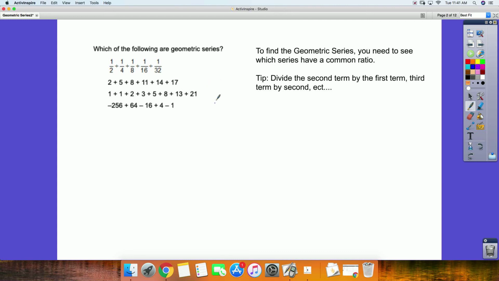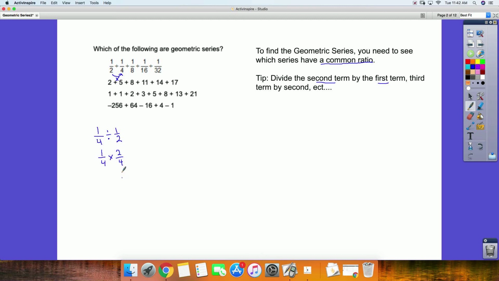So let's do a quick review to see which of these is a geometric series. To find that, we have to see which ones have that common ratio. So a tip, since we know it's multiplying by some number every time, to find out what the number is, we need to undo it and do division instead. So notice here it says divide the second term by the first term. So we would need to divide 1/4 divided by 1/2. And I know most of you have a calculator you can do this on, but in case you don't, it's never bad to review.